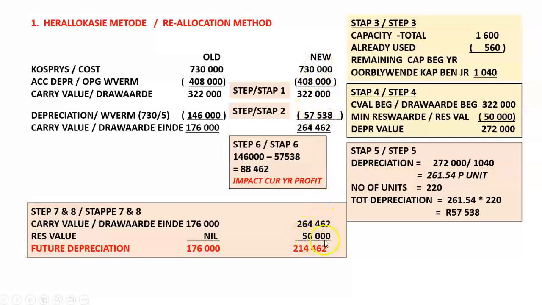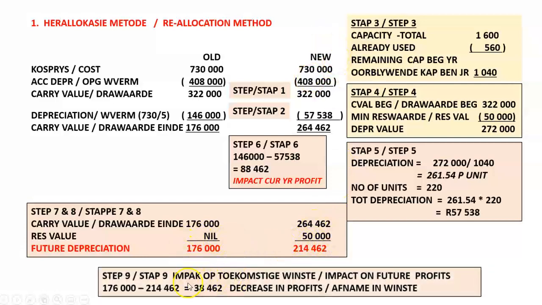Well, now we have an estimated residual value of 50,000. So we're only going to write off 214,462 rand in the future, because up to residual value, that is the depreciation that we're going to write off. So we're going to write off under the new method more depreciation than under the old method. So the impact on future year profits is going to be a negative impact of 38,462.